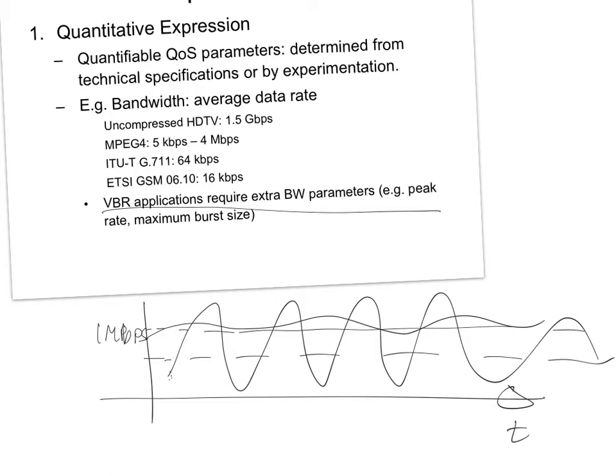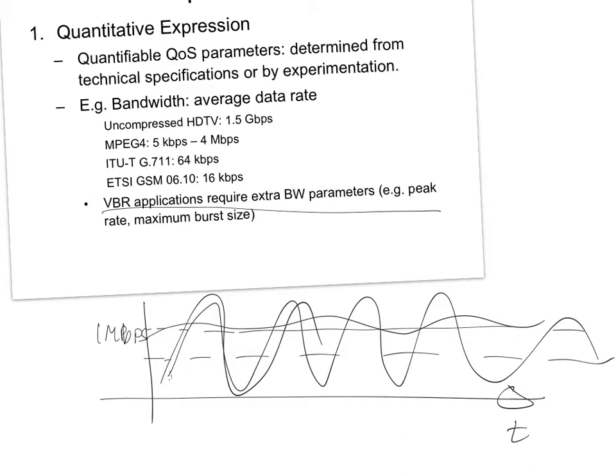So for variable bitrate applications, very commonly you see that we need a minimum bitrate of 2 megabits per second. This means that you can send 2 megabits per second without introducing that much delay, and you can send them smoothly. But the problem is that for variable bitrate applications, the variation in the throughput is really high.